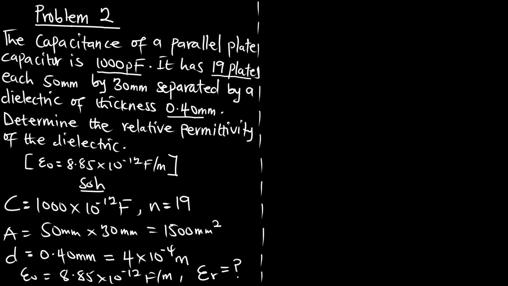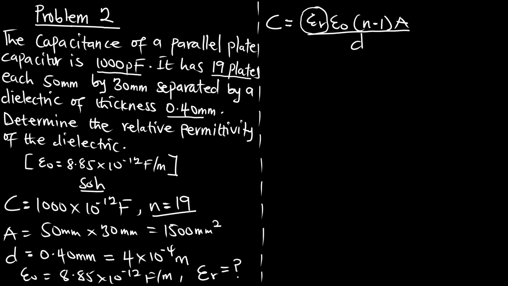Now we know that if we have n plates of capacitor, we are going to follow this formula. Our capacitance is equal to epsilon r, we also have this n minus 1, our area, everything over the distance d. So looking at the parameters, we are looking for epsilon r.